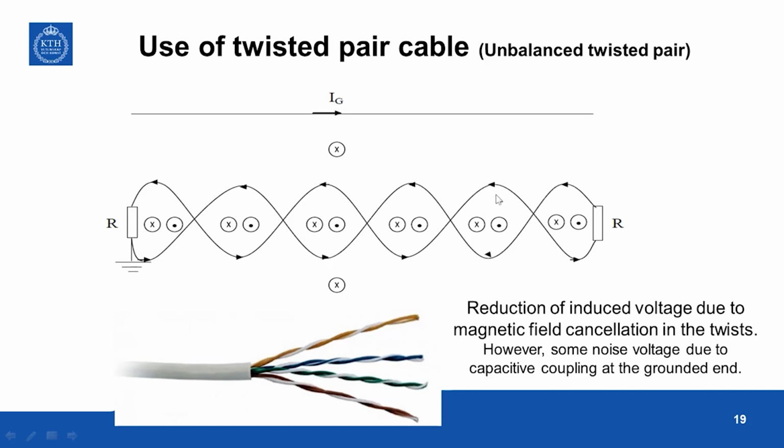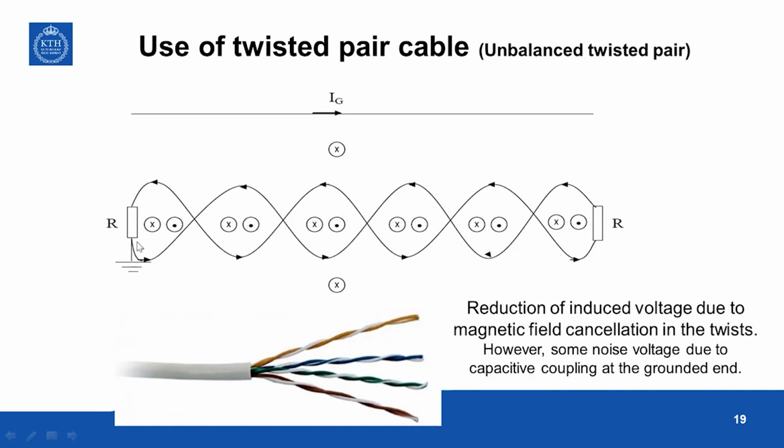Now in the other conductor it is from the bottom, so they cancel out each other over here. But on this side they will not, because one is connected to the ground. So you will have a net current flow, and that will appear as a noise voltage due to capacitive coupling. But magnetic coupling is almost completely eliminated.